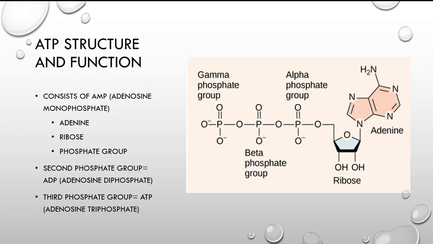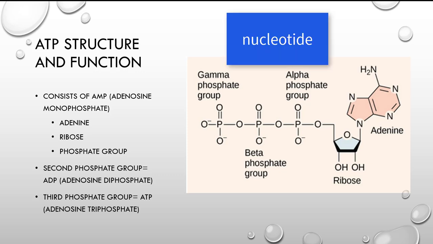So let's take a closer look at ATP, the structure and the function. If you take a look at the structure, it looks kind of similar to one of our monomers that we talked about. We talked about DNA and RNA in the last video, right? And DNA and RNA are made up of nucleotides that have three parts.